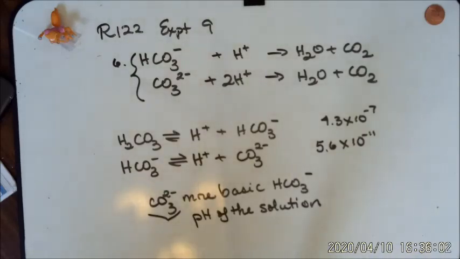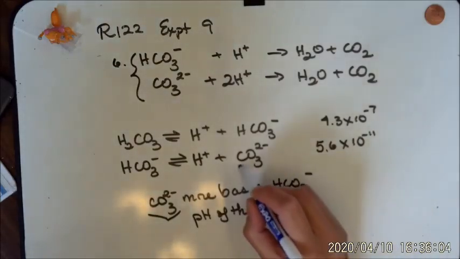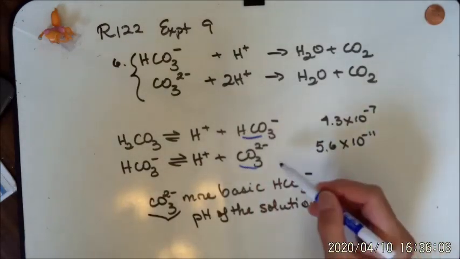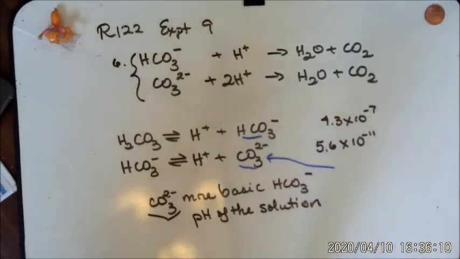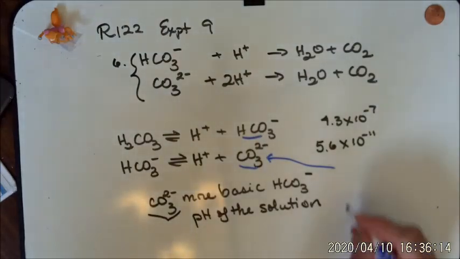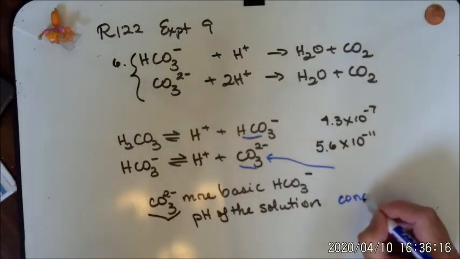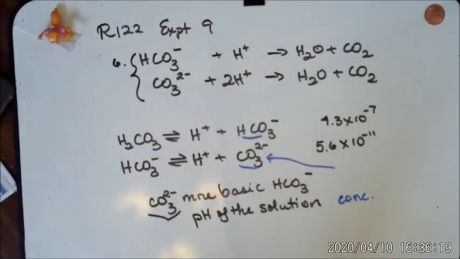And what this means, though, if you look at your bases, this means that carbonate is more basic than the bicarbonate. So if we just check the pH of the solution, and we know the concentration, then you will know whether or not you have carbonate or bicarbonate.